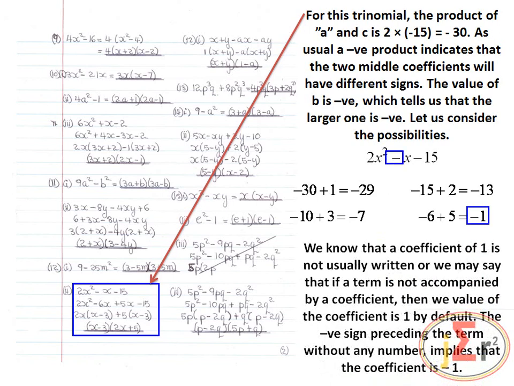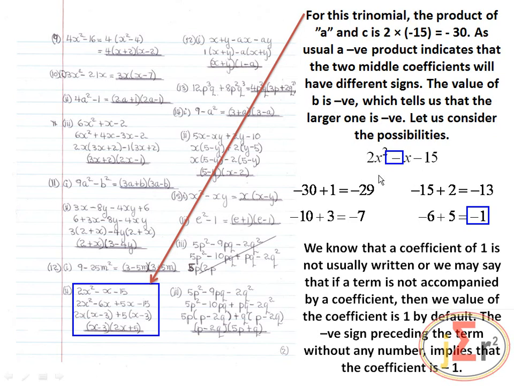We know that a coefficient of 1 is not usually written, or we may say that if a term is not accompanied by a coefficient, then we know that the value of the coefficient is 1 by default. The negative sign preceding the term without any number implies that the coefficient is negative 1.